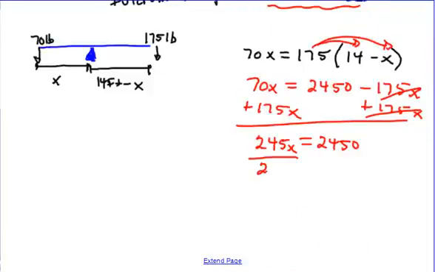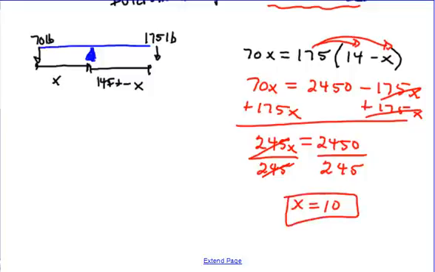To get x alone, let's divide. Because it was attached by multiply, we'll divide. Okay. So interpret that. That fulcrum should be how far from the kid? 10 feet. Okay, and we know it's feet because that's the unit that our measurement was in up here. Feet, that's the only thing we have been talking about unit-wise.